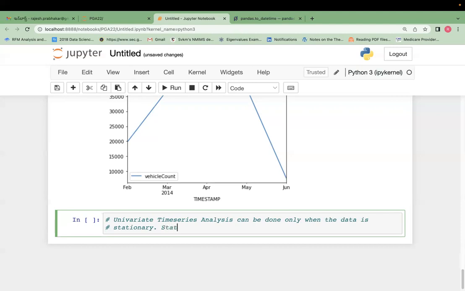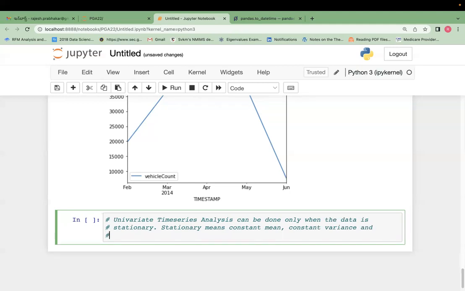Stationary means constant mean, constant variance, and constant autocorrelation.